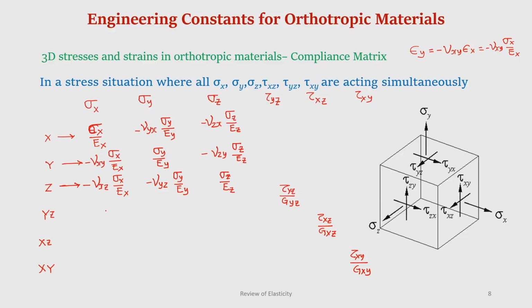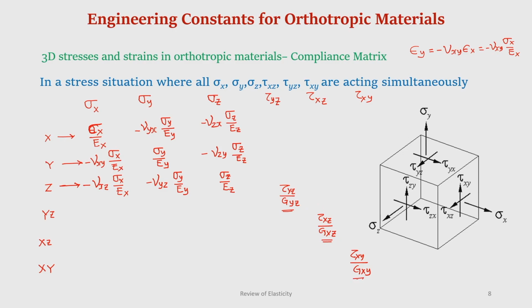So, this is an orthotropic material. Therefore, there is no shear extension coupling, nor shear-shear coupling. Therefore, if we apply only shear stress in the y z plane, that will lead to the corresponding shear strain in the y z plane, and so is the case here also.